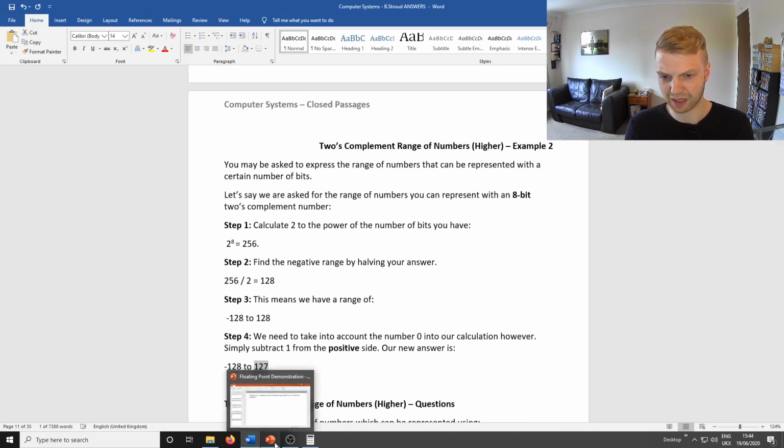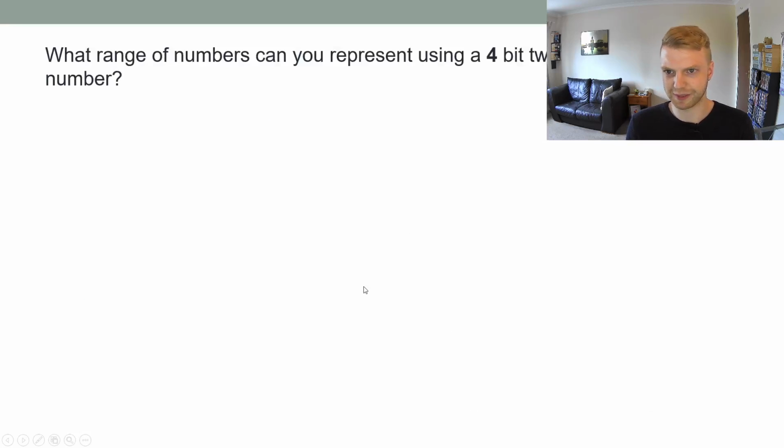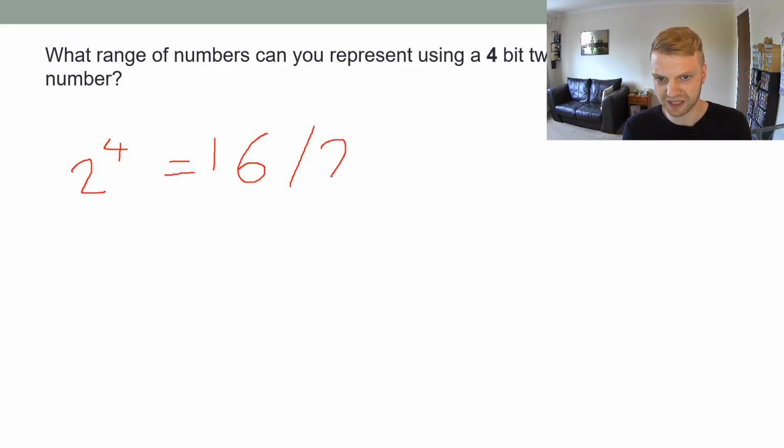So I'll demonstrate this as if I was doing it as a question. That'd probably be easier. What range of numbers can you represent using a 4-bit 2's complement number? So you do 2 to the power of 4, which is 16, and then you divide that by 2 to give you 8.